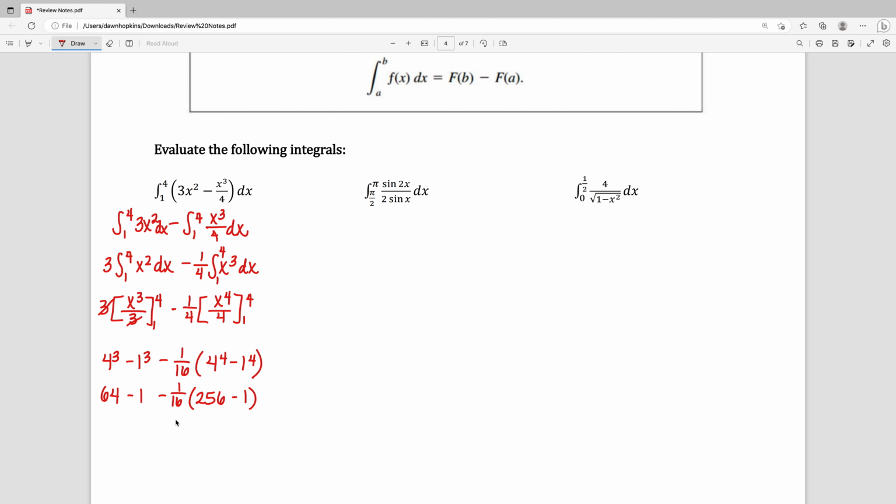You can already see we're going to end up with a fraction over 16 here. So 64 minus 1 is 63, but I'm going to write that as a fraction over 16. So the number 63 becomes 1008 over 16, just creating that fraction.